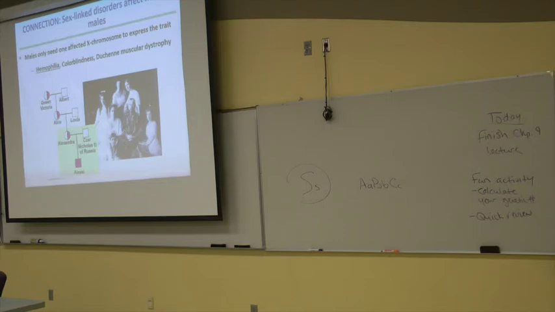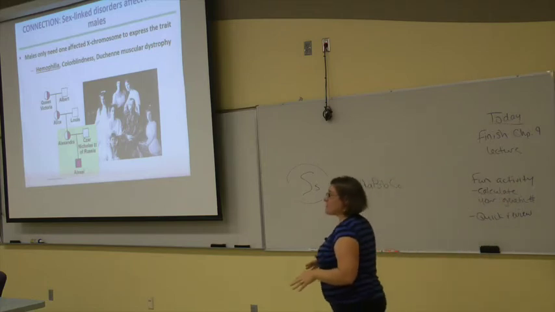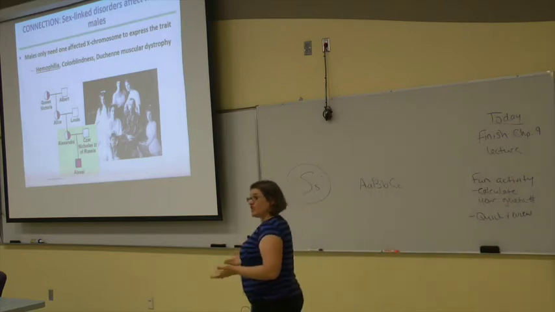It has a listing of all the traits coded by each chromosome. This is the whole list for the X chromosome. This is the Y. So you can see there's a whole bunch of stuff coded for in the X chromosome, and very little other than maleness in the Y. So there's a lot of extra stuff linked to the X chromosome, and some of them are harmful conditions.